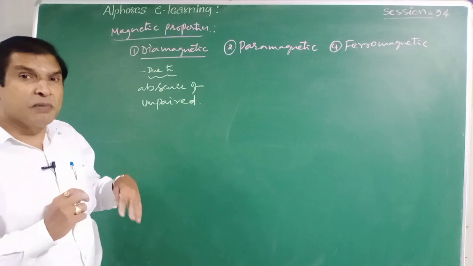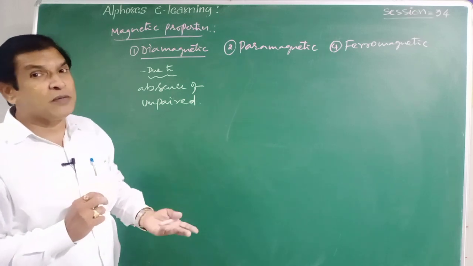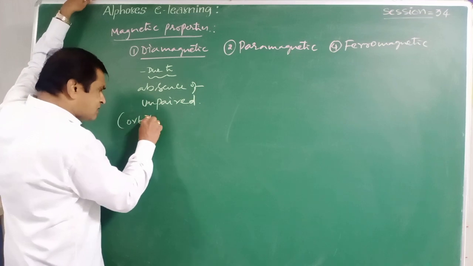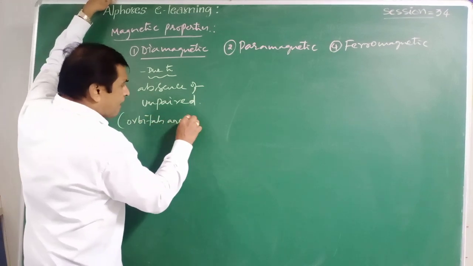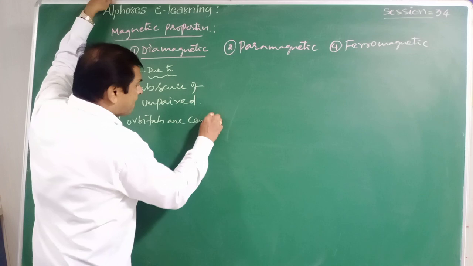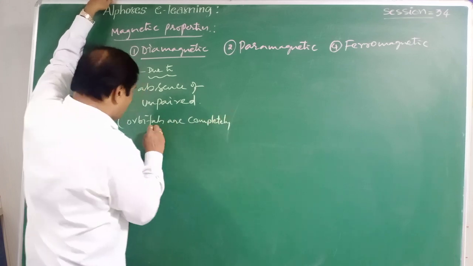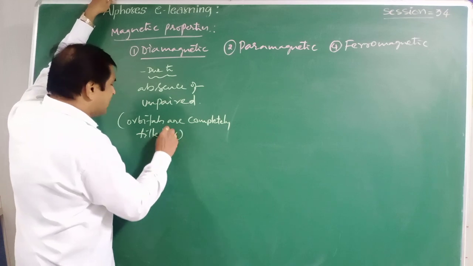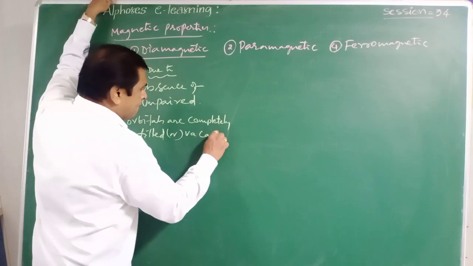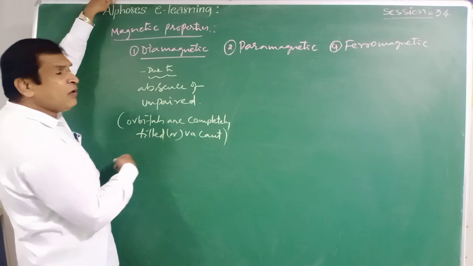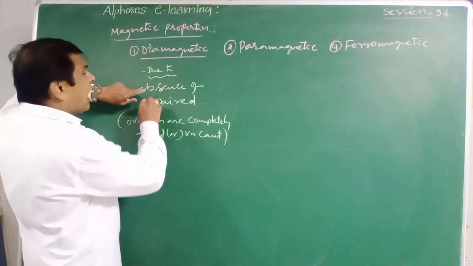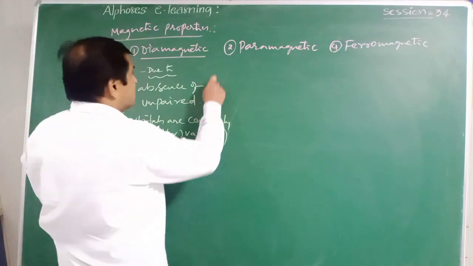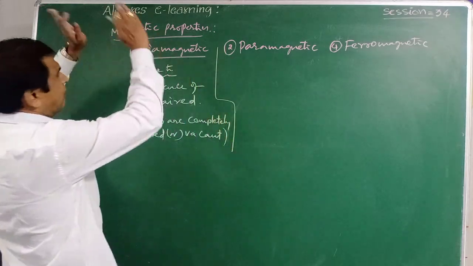So unpaired electrons are absent. That is why it causes a diamagnetic nature.